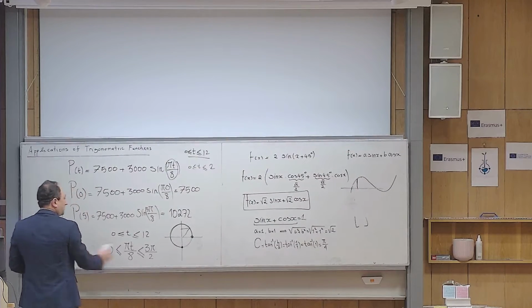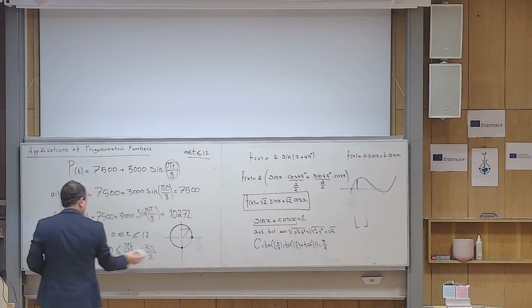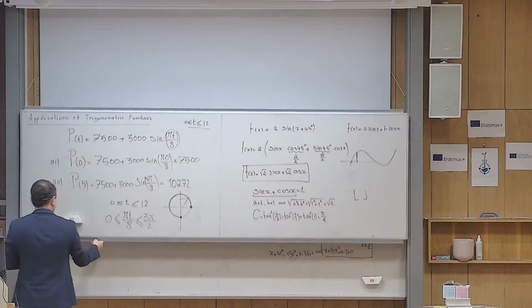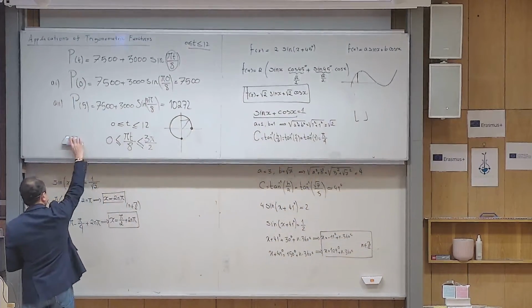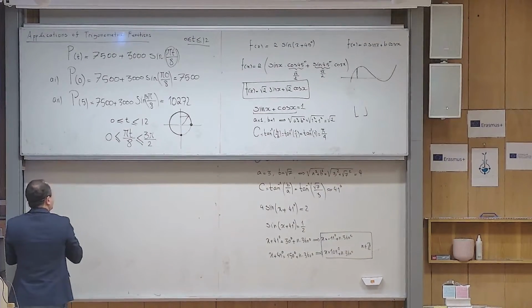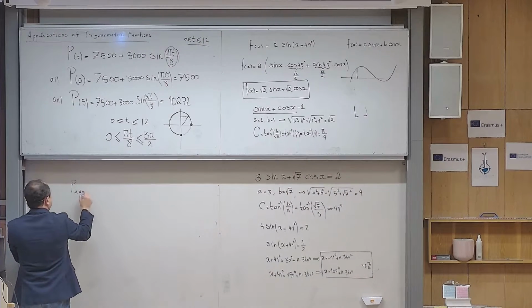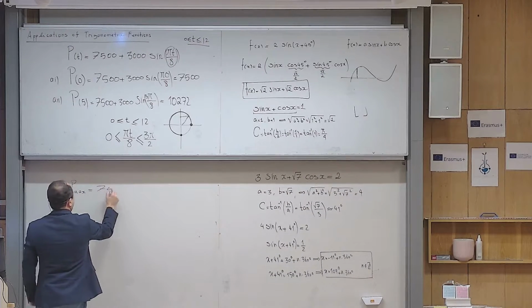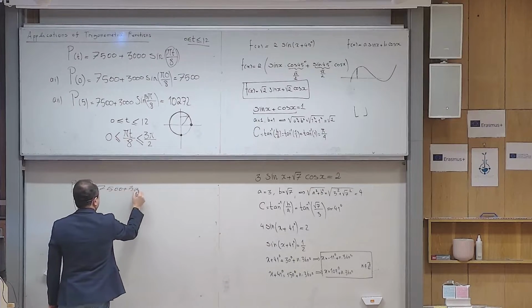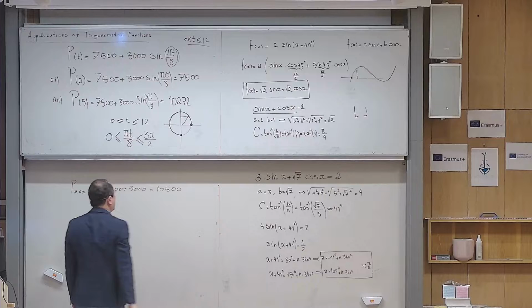But anyway, because of this reasoning, we are on the safe side, and we can say that the maximum p is indeed equal to 7,500 plus 3,000, which is 10,500 grasshoppers, that's the number.